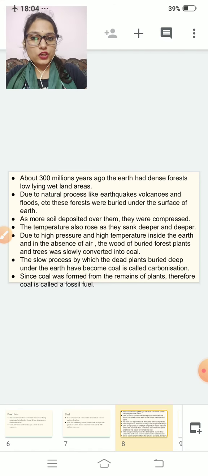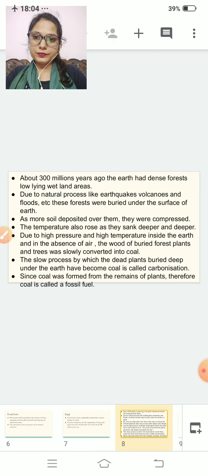Due to high pressure and high temperature inside the earth, the trees were slowly converted into coal. The slow process by which the dead plants buried deep under the earth have become coal is called carbonization. Since coal was formed from the remains of plants, coal is called a fossil fuel.